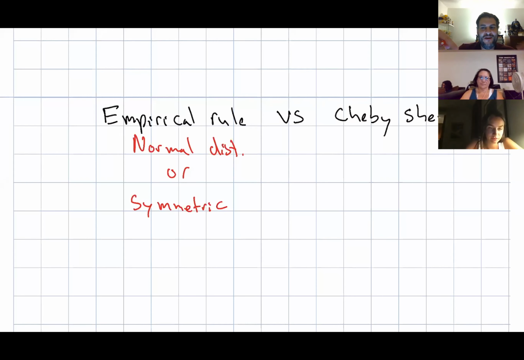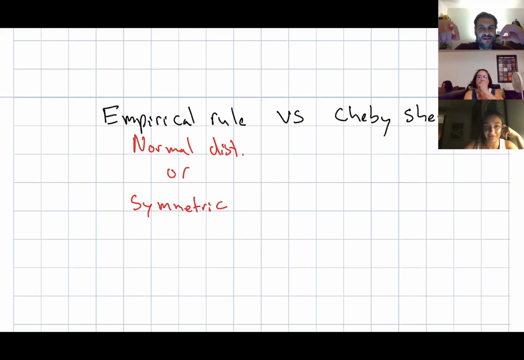On the test, I'm going to tell you to use either the empirical rule or the Chebyshev rule. It's up to you to decide which of the two rules you're going to use. If you use the wrong rule, it's going to give you the wrong answer. So we use the empirical rule when it has a normal distribution or when it's symmetric.